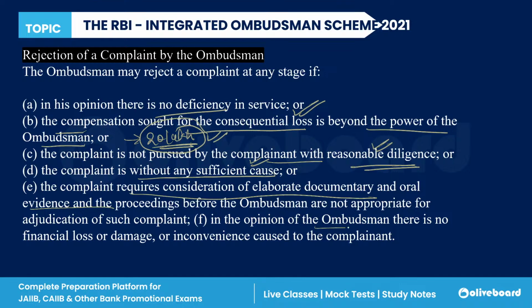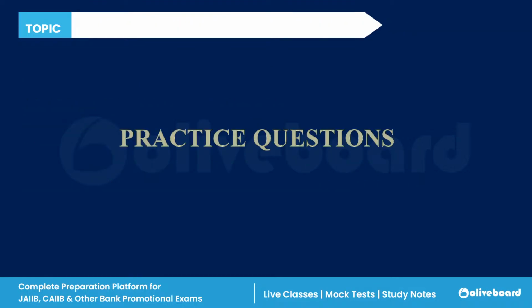Or last, if in the opinion of the ombudsman there is no financial loss, damage or inconvenience caused to the complainant. So these are the situations in which the ombudsman can reject the complaint of the complainant. Clear? Now, let's start discussing some practice questions.